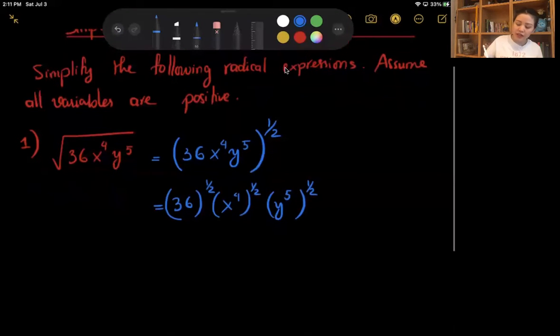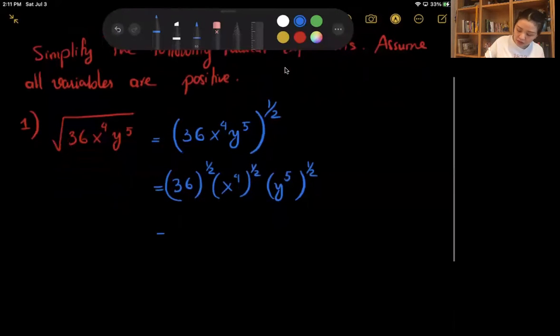Okay, so 36 to the 1/2 power is the same thing as the square root of 36, right? So the square root of 36 is 6. x to the 4 to the 1/2 power. And again, if you remember a different rule of the exponent, if you have a variable raised to a power, and then you take the whole thing raised to another power, then all you have to do with the exponents is multiply them, right?